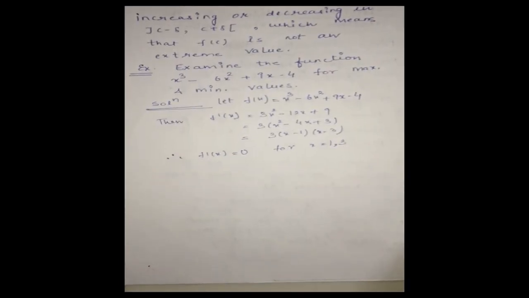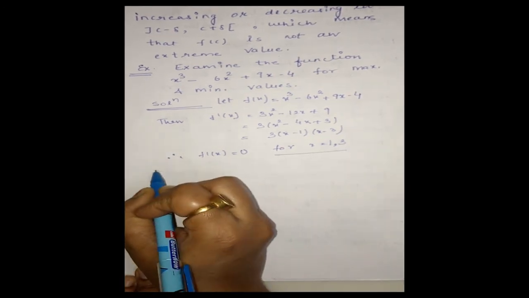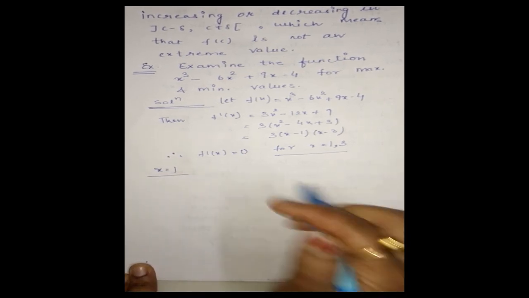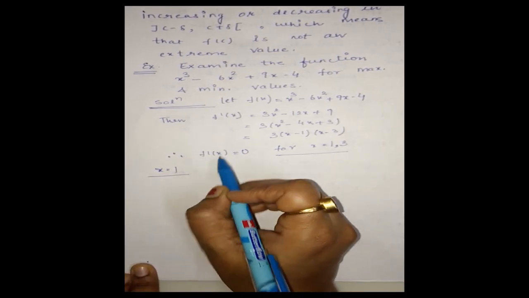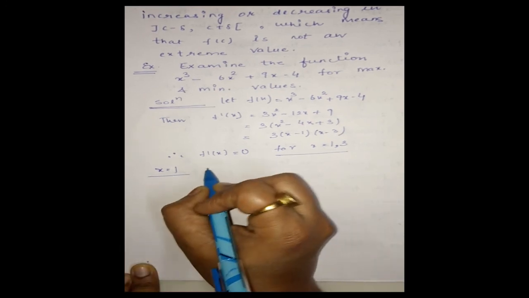Now we will check its maximum and minimum value at x = 1 and x = 3. For x = 1, we will check the sign of f'(x) in passing through x = 1.